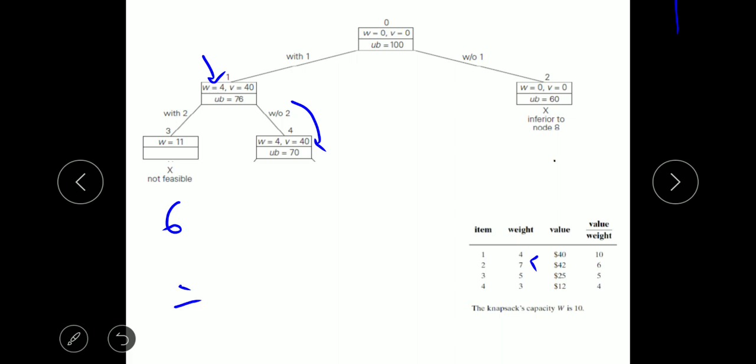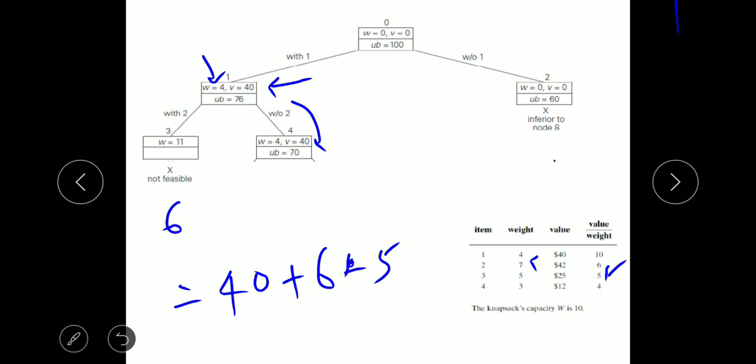When you are not including an item itself, then you are not going to achieve any more profit. So you will be surviving with the previous profit, that is 40, plus the remaining capacity of the knapsack given by W minus w, which is equal to 6, because already I have item 1 with a weight of 4 in it, plus the payoff of the next item is 5, right?